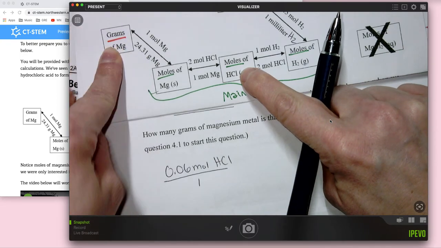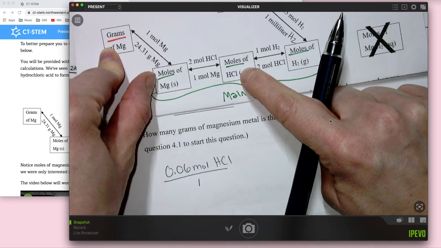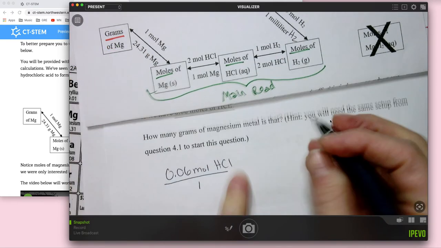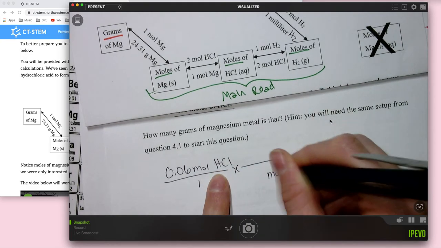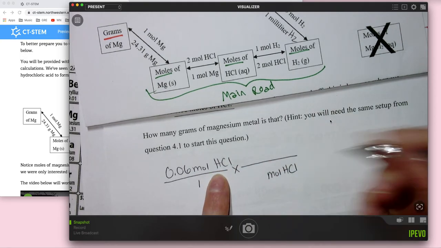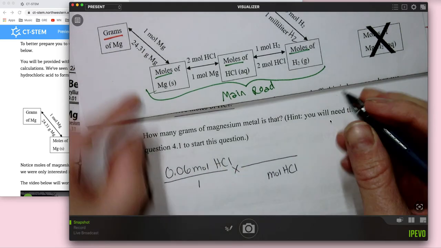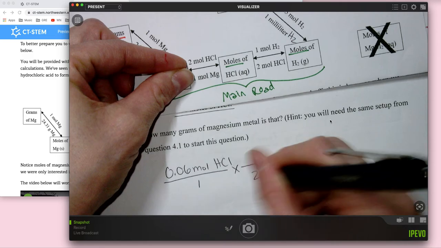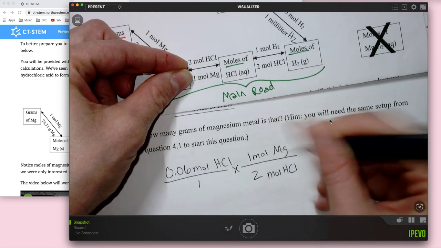That means that I'm going to have to use 2 different conversion factors to get there. Okay, so mole of hydrochloric acid is at the top, so that means that mole of hydrochloric acid goes in the denominator of the next fraction. If I'm looking for every 2 moles of hydrochloric acid, I have 1 mole of magnesium.